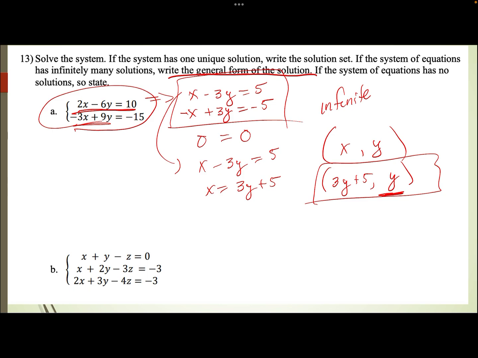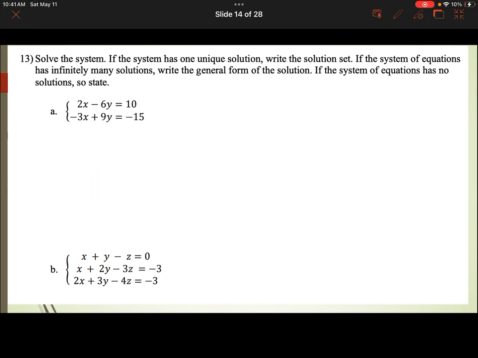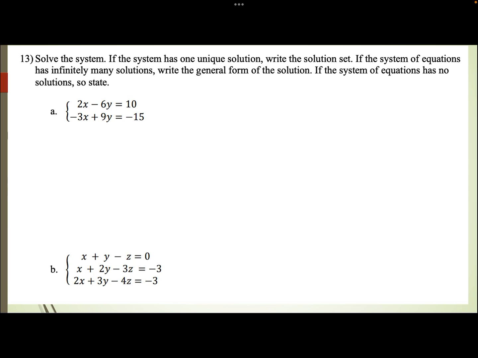Okay, now we're going to do it with a 3 by 3. So I first need to eliminate one variable twice. Well, I chose to get rid of the x's. So I took this one and times it by -1 and made it -x minus y plus z equals 0.